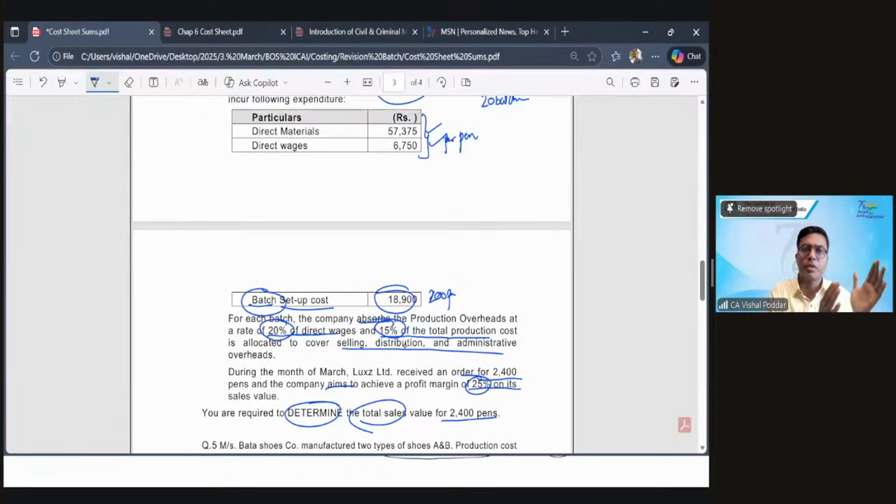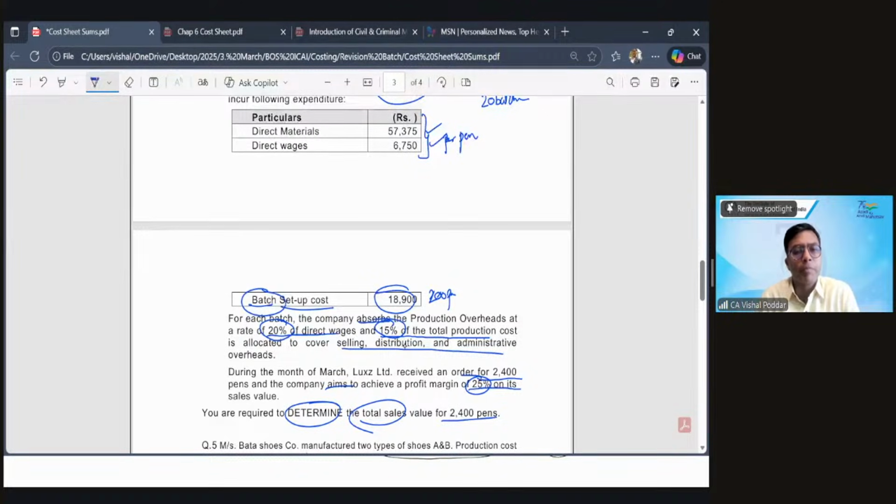Now see, compare this with the first sum we solved. In the first sum, we had to prepare the original cost sheet also, and then the new cost sheet for the proposed order. Why? Because they had not given the overhead recovery rates and the profit margin. All things were to be determined by us. So we prepared two cost sheets, original data cost sheet and the proposed new order cost sheet.